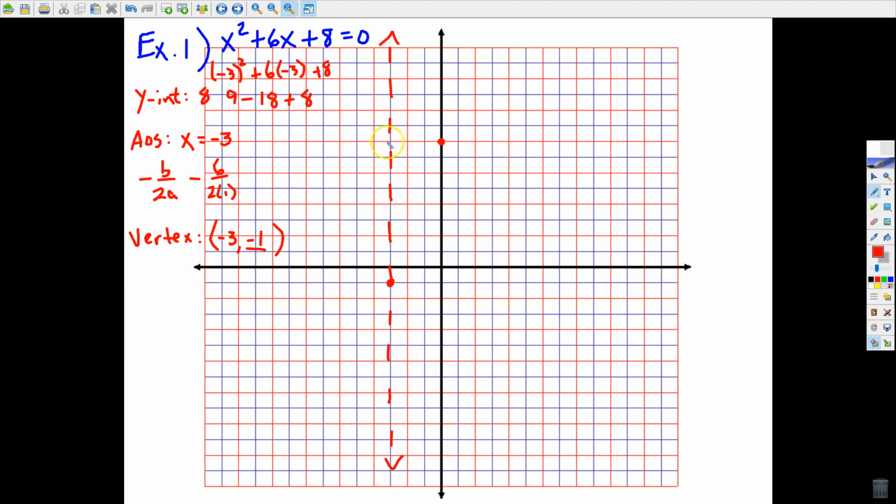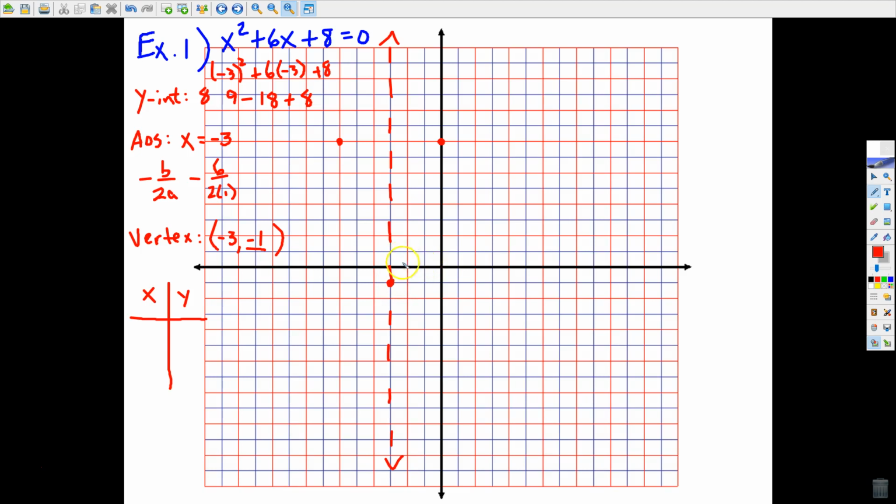Okay, because of symmetry, we can go ahead and get another point opposite of this y-intercept. So 3 units to the left of the AOS will be a corresponding point. And so now let's work on filling in the rest of our graph. In cases like this where we know we're going to be crossing the x-axis twice, we want to be as exact as possible.